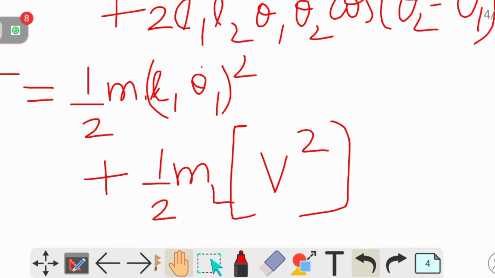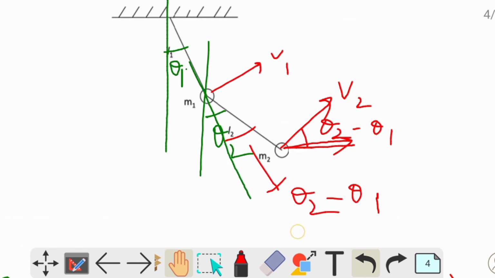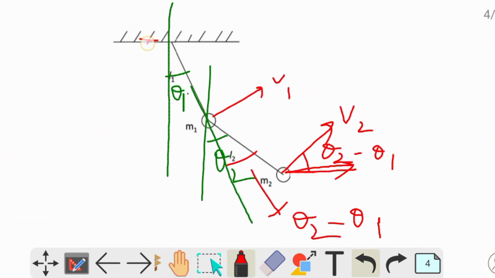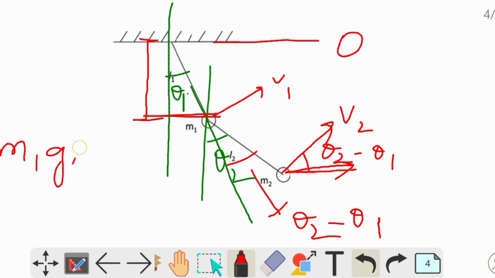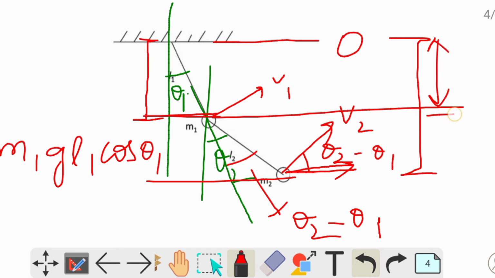Now we are going to find the value for the potential energy. Let's see it from the figure. Let us suppose this is our reference point, so this height gives m1 g l1 cos of theta 1. For the second mass m2, the height from here is this height plus this height.